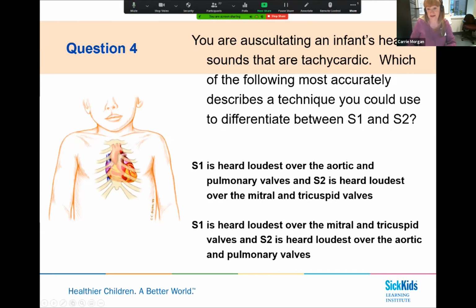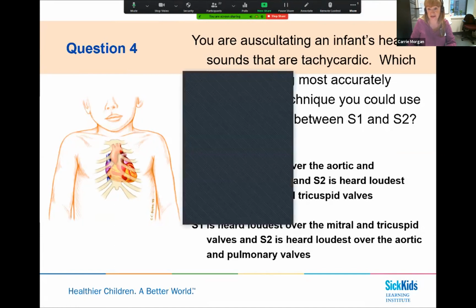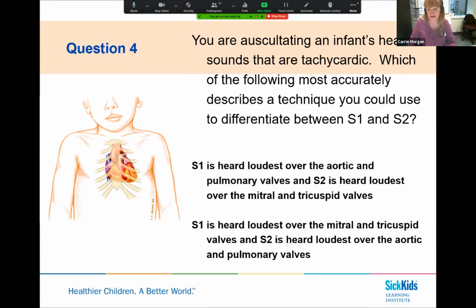Is it that S1 is heard the loudest over the aortic and pulmonic valves, and S2 is heard the loudest over the tricuspid and mitral valves? Or is it that S1 is heard loudest over the mitral and tricuspid valves, and S2 is heard the loudest over the aortic and pulmonic valves?